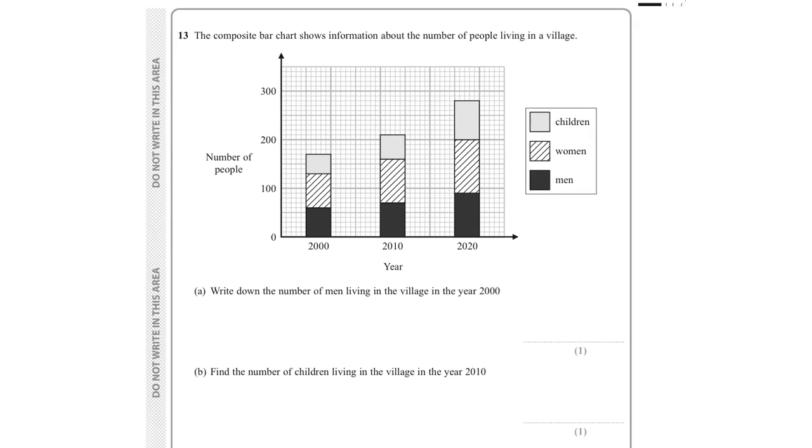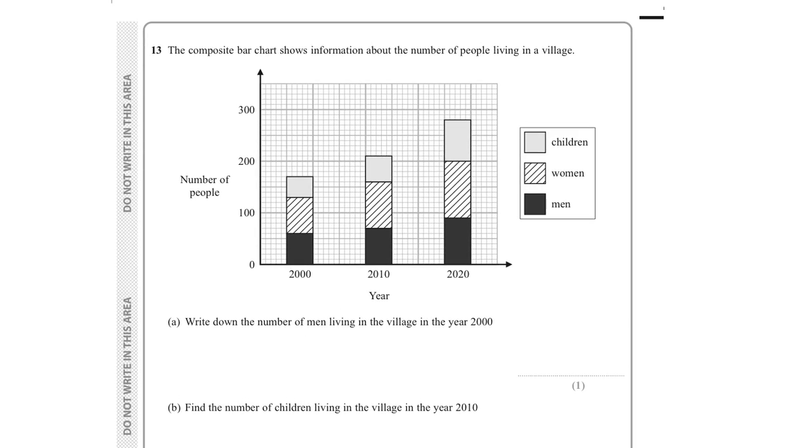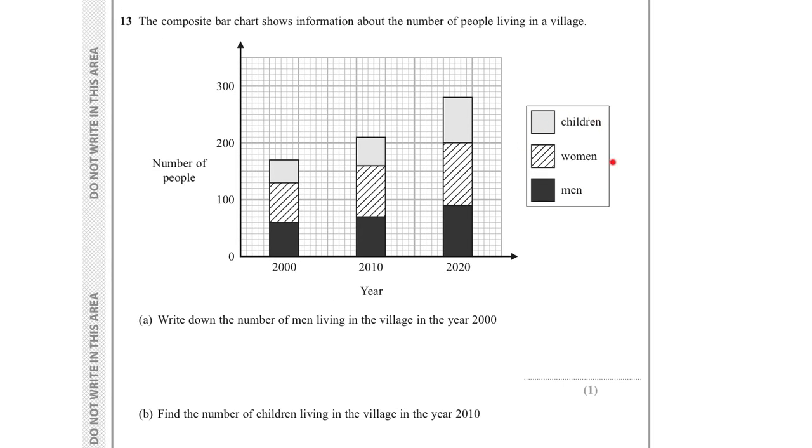It's a composite bar chart showing the number of people living in a village. Alright, they've got a little key on the side to tell us the children are the grey, the women are the lined, and the men are the dark grey/black kind of colour. Alright, we're asked to find the number of men living in the village in the year 2000, so that's 2000.